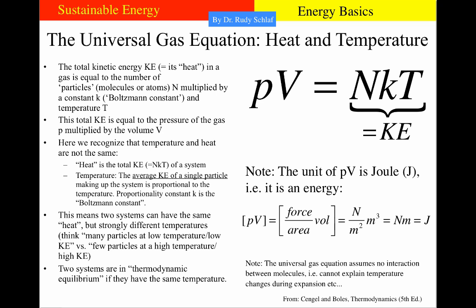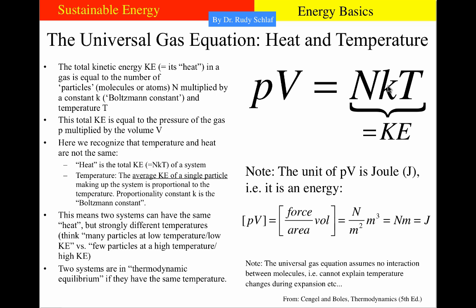And this is used in the universal gas equation that you probably know. So here on the right side, we multiply the number of particles with the Boltzmann constant and the temperature. So the temperature really is proportional to the kinetic energy of the particles.